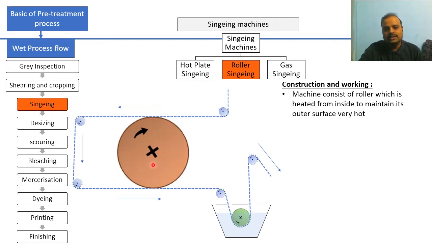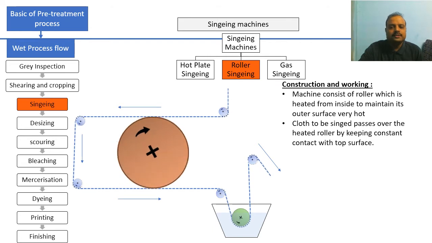This roller is heated from inside, so the surface is kept at a very hot temperature. The cloth to be singed passes over the heated roller, keeping constant contact with the top surface. Over here you can see the fabric passes over the top surface of the roller, making constant contact with it.